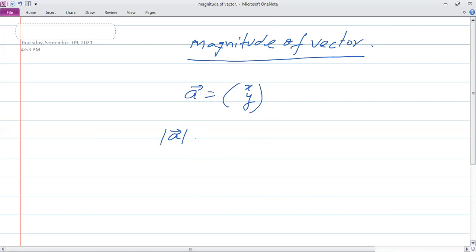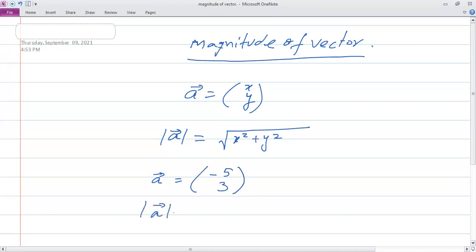That will be equal to the square root of x square plus y square. This will be the way to take the magnitude of the vector. Let's say we have a vector A, minus 5, 3. What will be the magnitude of A?